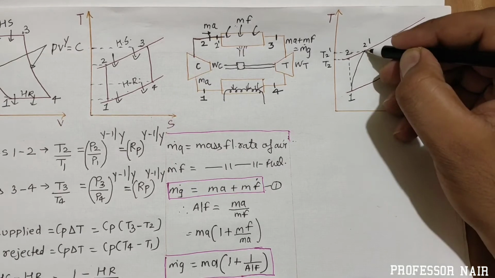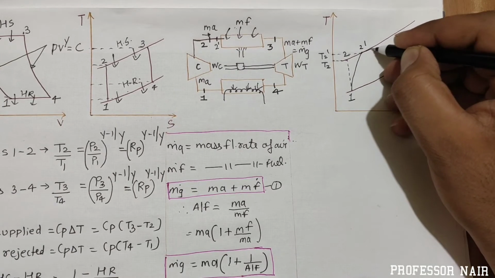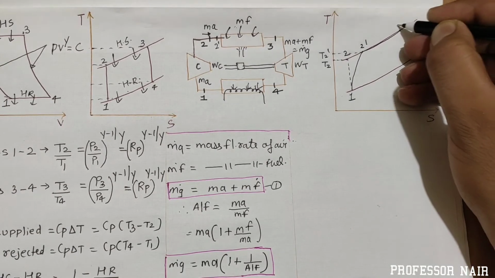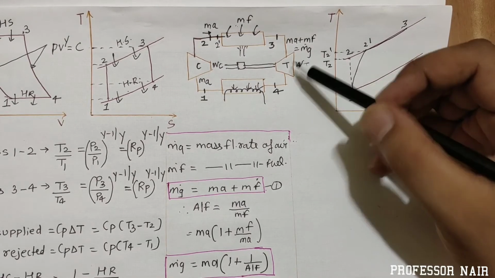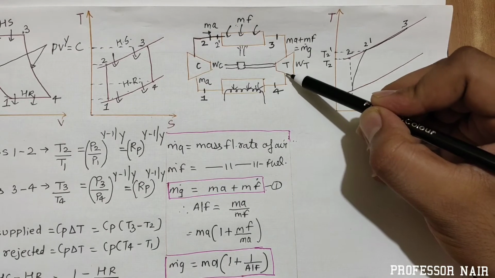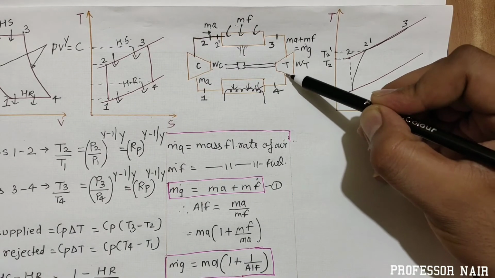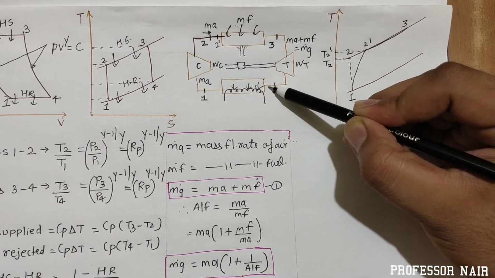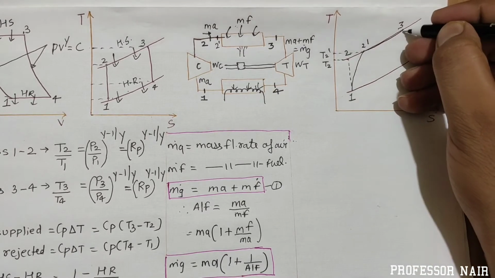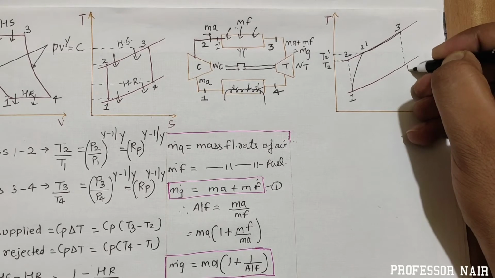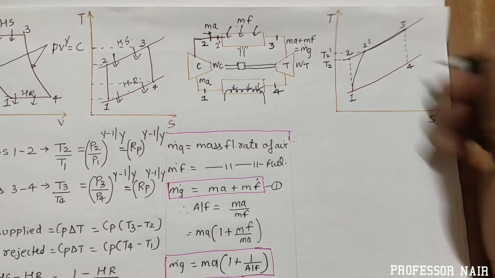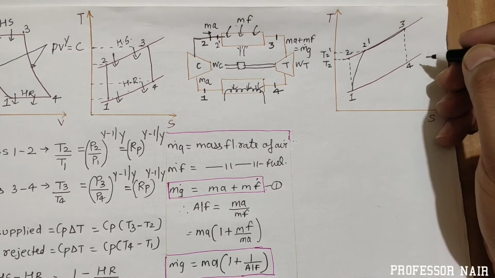Similarly, the 2 dash to 3 process will take place, okay, here I will write it as point 3. Similarly, after expansion in the turbine, some amount of heat is gained from this tube, right? So ideally it would be here, 3 to 4, right?